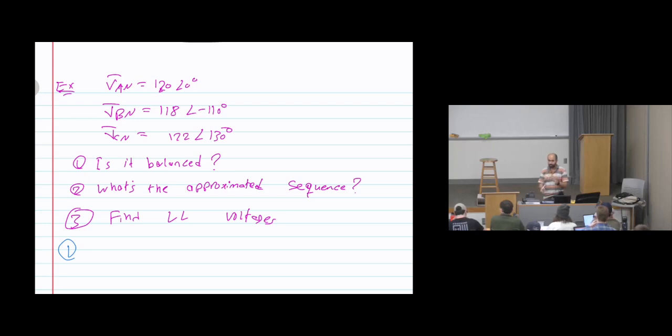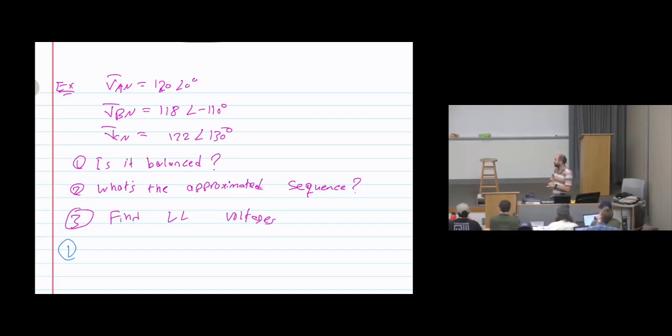Then here, there is no information about the loads. The only thing that we have is to check the magnitudes and the angles, right? Now, are those sharing the same magnitude? No. Therefore, definitely it is unbalanced. If, for instance, they were sharing the same magnitude, look at the angle.